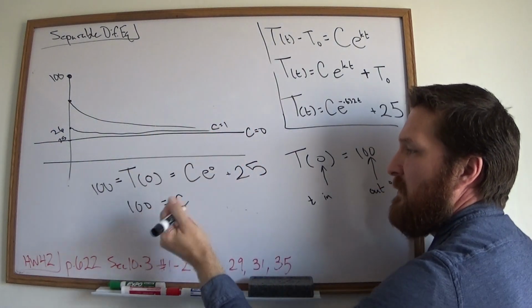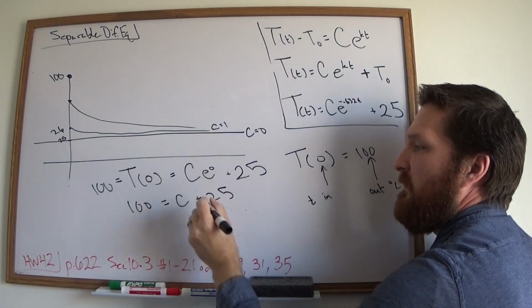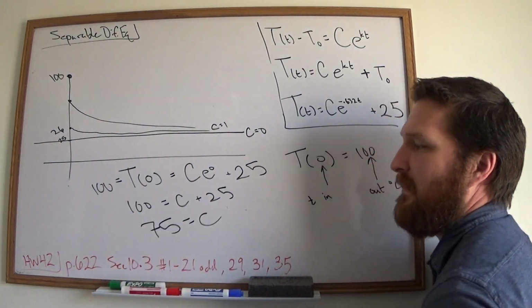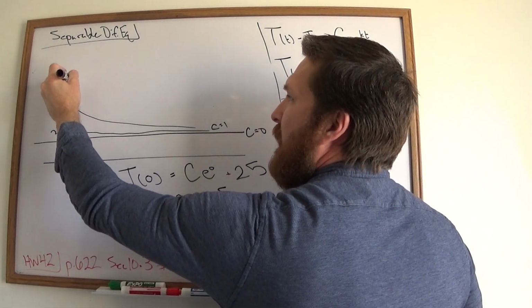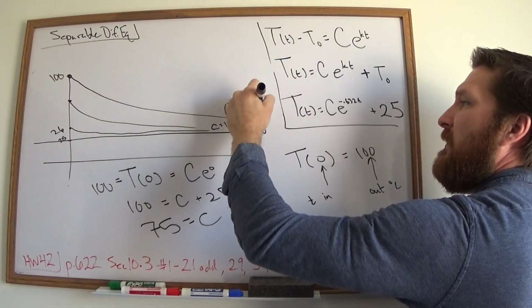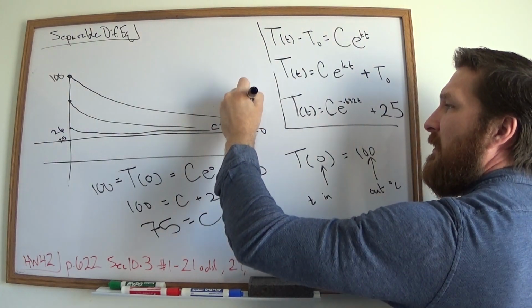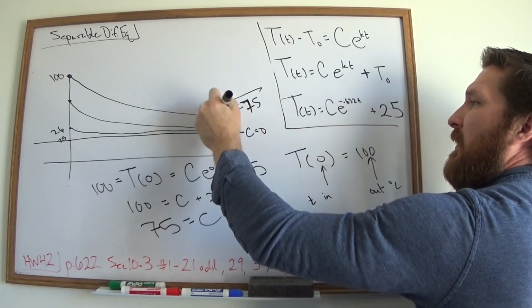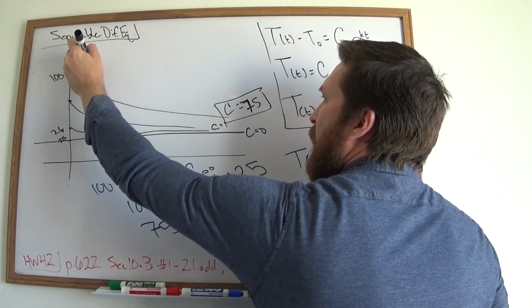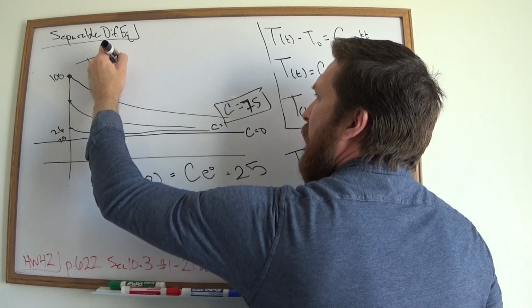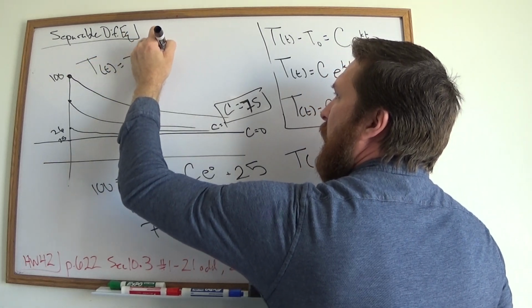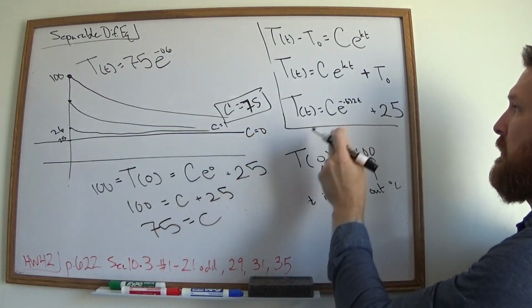E to the 0 is 1, so it's just C plus 25. So 75 equals the C that I'm looking for. And so when C equals 75, that's the particular solution.